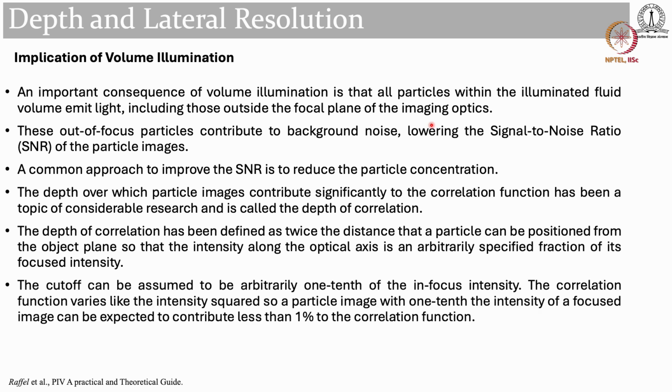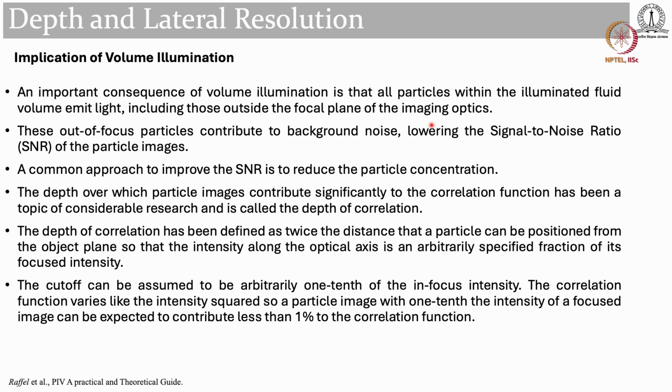So let us say that the cutoff can be arbitrarily 1/10 of the in focus intensity. Say your intensity is 100, so you can assume that below 1/10 of 100, things will be neglected.